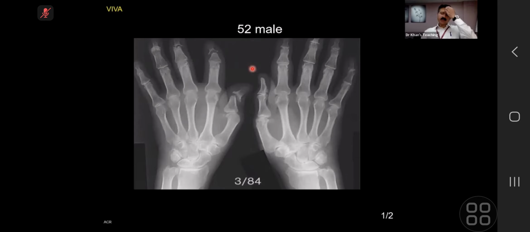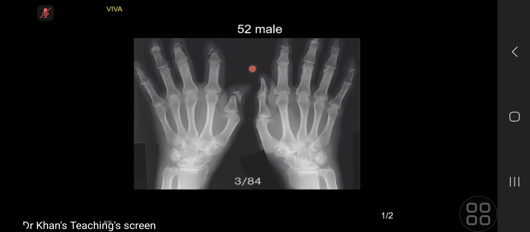Just give me a bookish differential diagnosis for distal interphalangeal joint involvement in the hand. Bookish means not in this case, but for your exam, which three conditions should come to your mind if distal interphalangeal joint is involved? Do you remember? Psoriatic arthropathy.